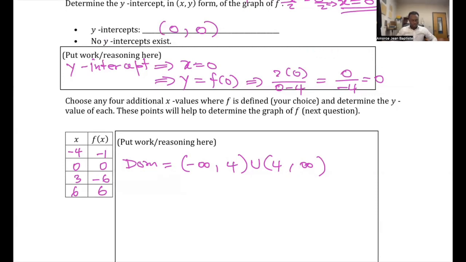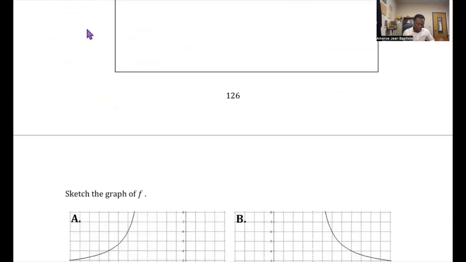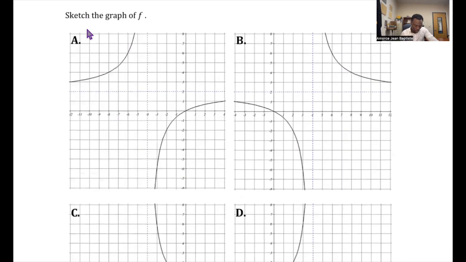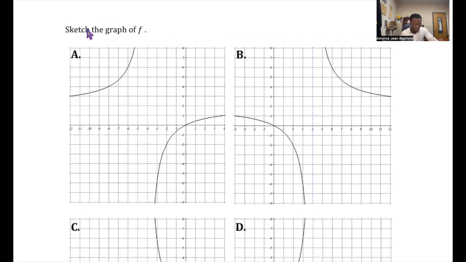So now that you have your domain, well, you have your special points, you can go and identify which graph it is, but you can also hit the graph button and then you would see which graph corresponds to your function.